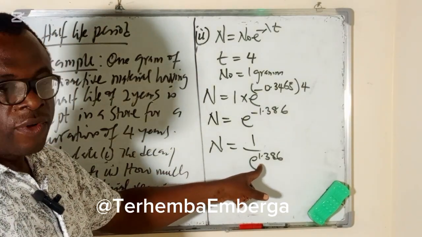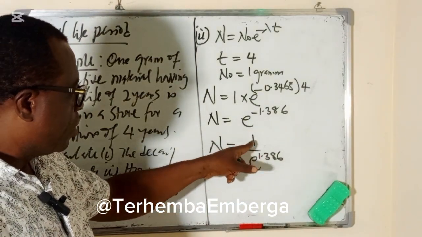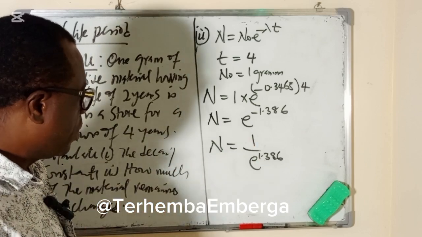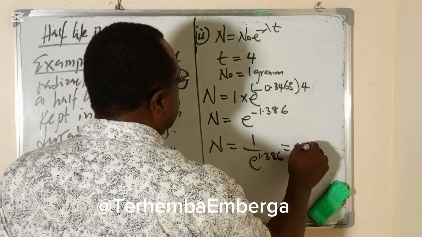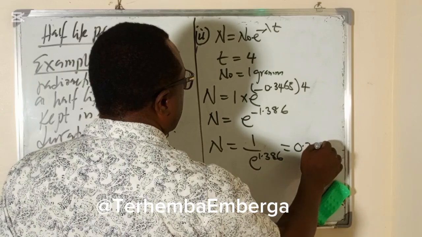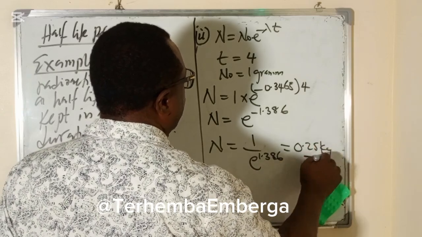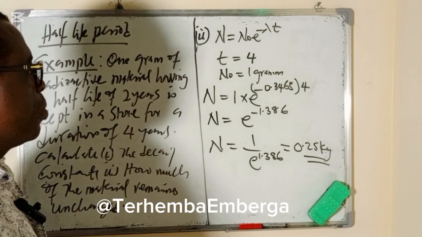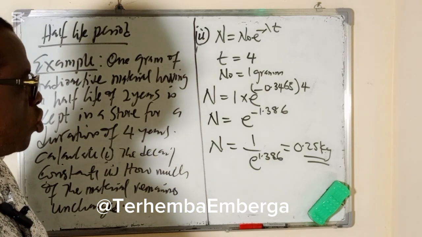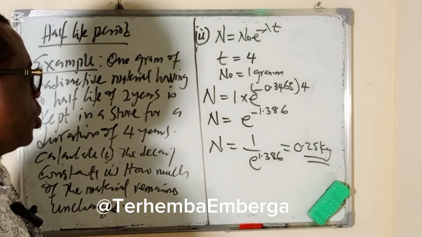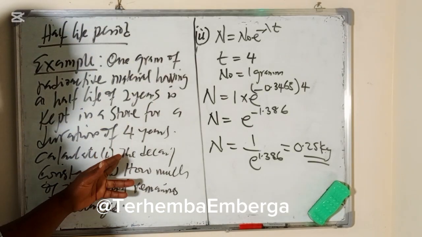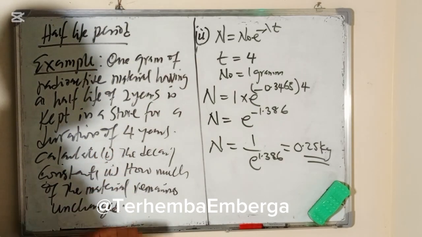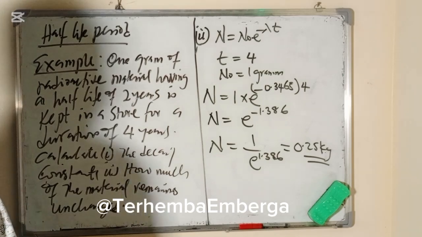We can get this from your calculator, and by the time you divide the value you get here with 1, we now have 0.25 kg. That is the value that will remain, 0.25 kg. And with that, we have answered both question 1 and 2. Thank you.